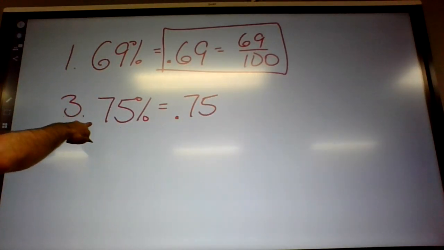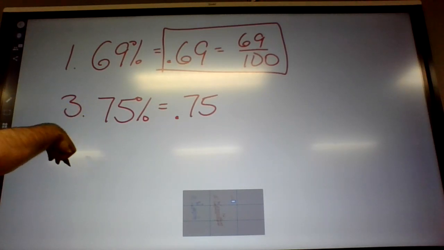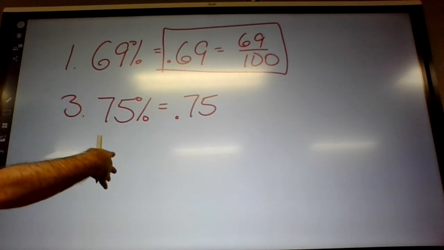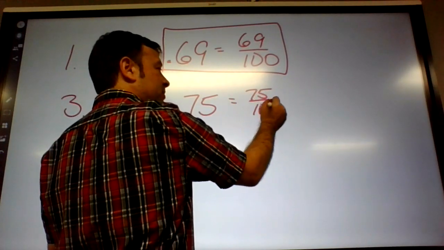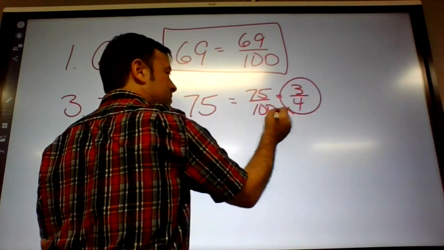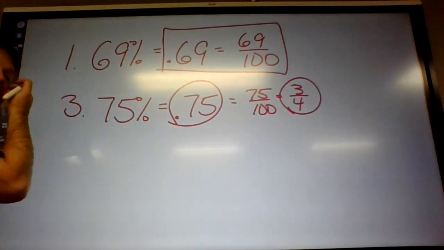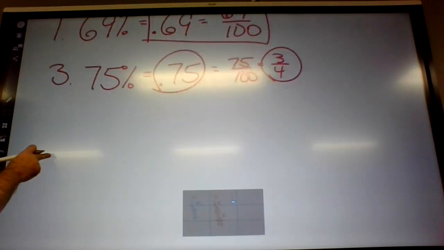You guys know this one by heart? What's 75% as a fraction? 3/4. Yeah, because 75 cents is 3/4 of a dollar. You could put 75 over 100, but you don't get credit unless you reduce that to 3/4. So it's 0.75 and 3/4.